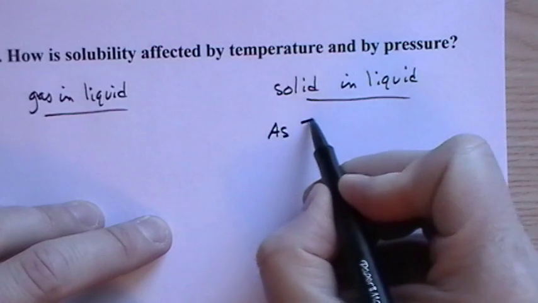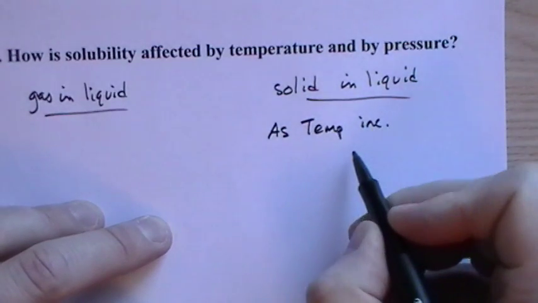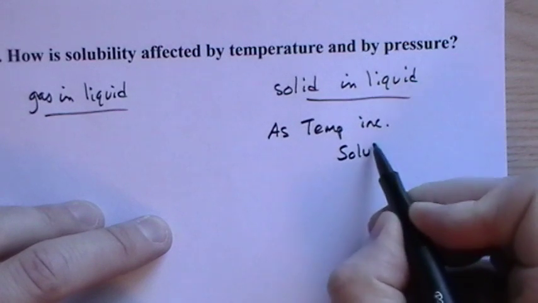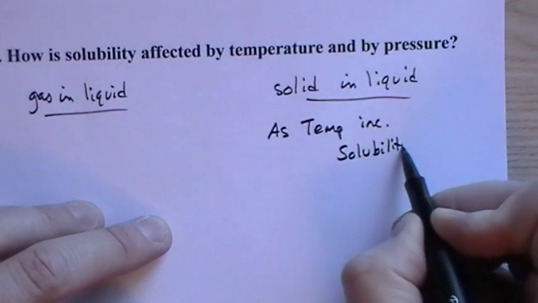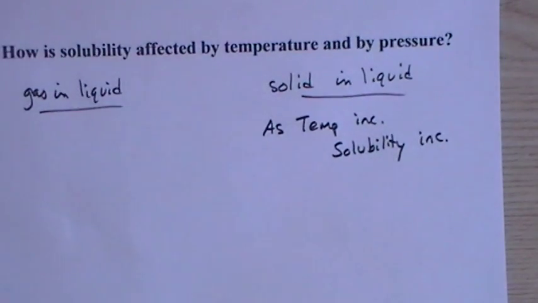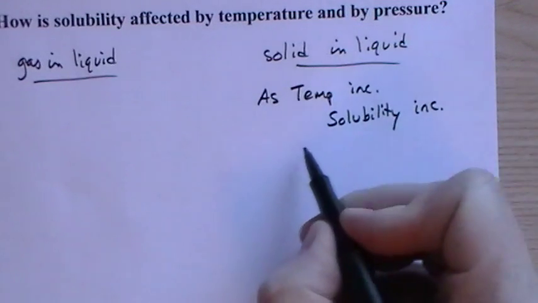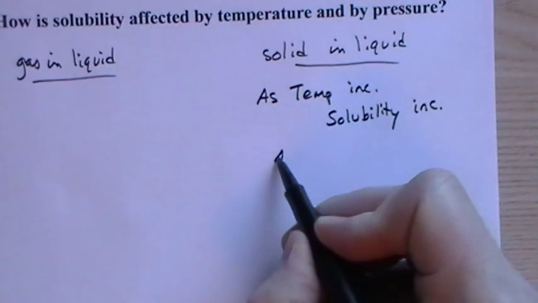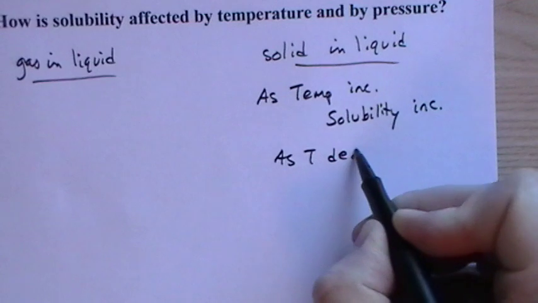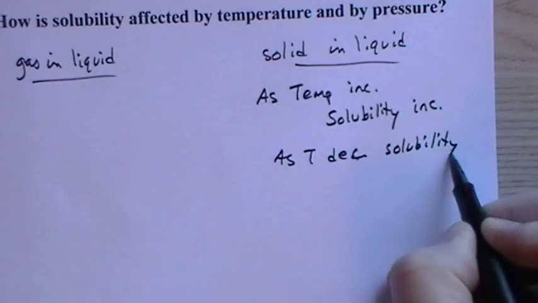As temperature increases, solubility, that is the amount of substance that will go into the solution, generally increases. There are exceptions to that. So as the temperature increases, solubility increases, and as T decreases, solubility decreases.